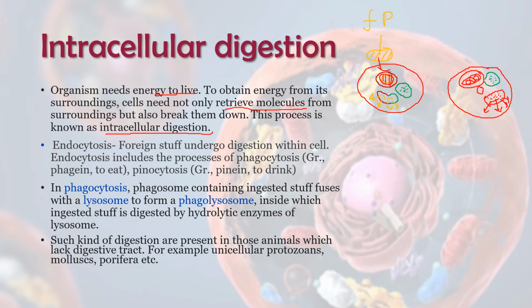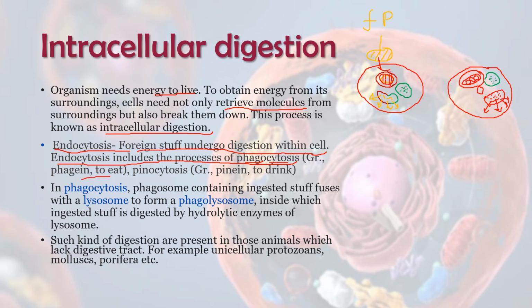It may be heterophagic or autophagic; phagein means to eat. This is an endocytosis process where foreign stuff undergoes digestion within the cell. Endocytosis includes the process of phagocytosis; phago means to eat.